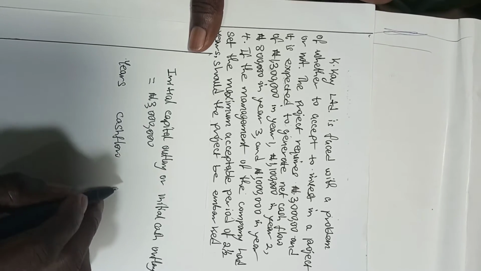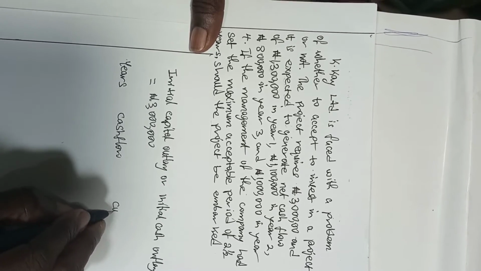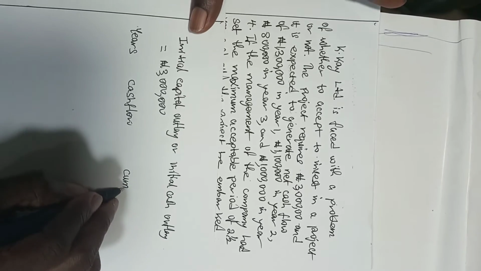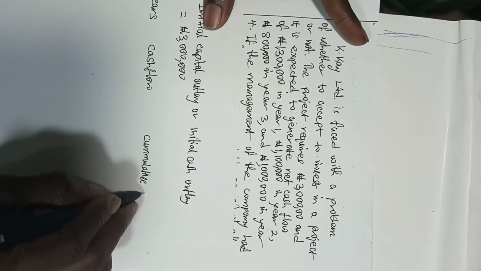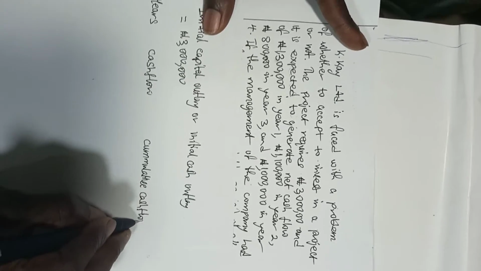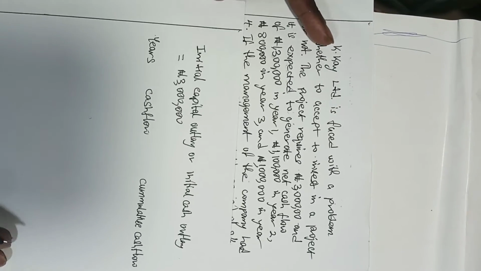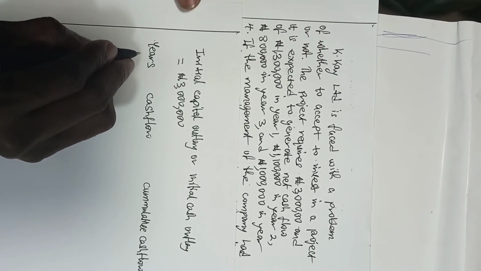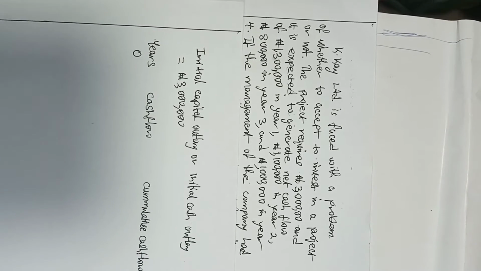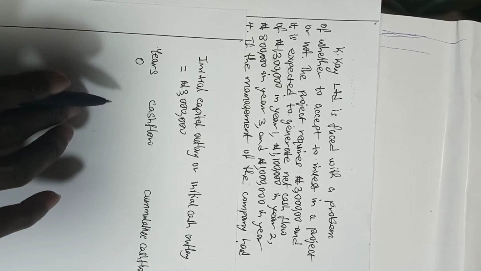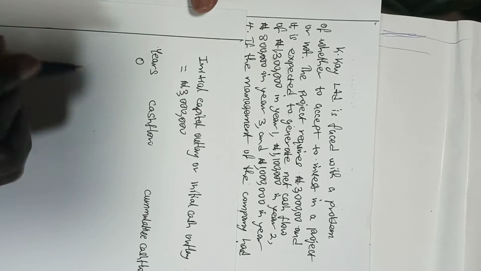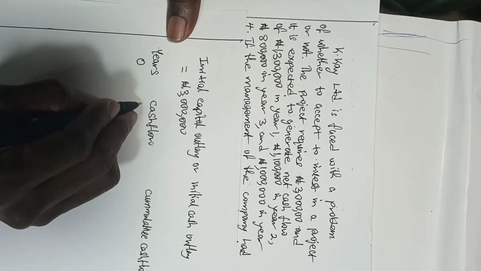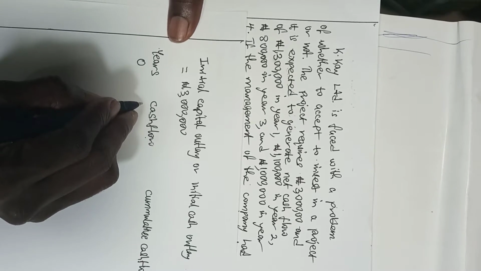Then we write cumulative cash flow. We start from year 0, because year 0 is the year of investing the initial capital outlay. Then we put our initial capital outlay under the cash flow.